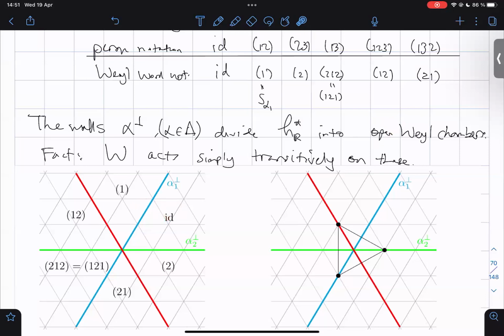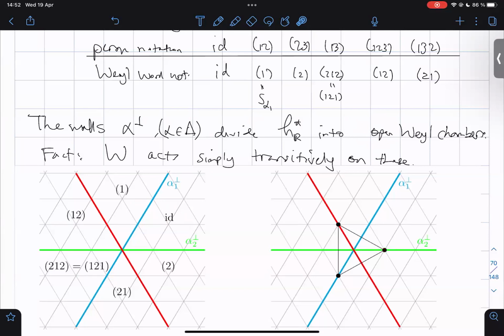These orbits start degenerating when you pick a point on one of these walls, because it now has a non-trivial stabilizer, since the reflection in alpha 2 perp keeps it there. If I pick a point in the interior, the W orbit through that point has 6 elements. Here on a wall, it's 3.